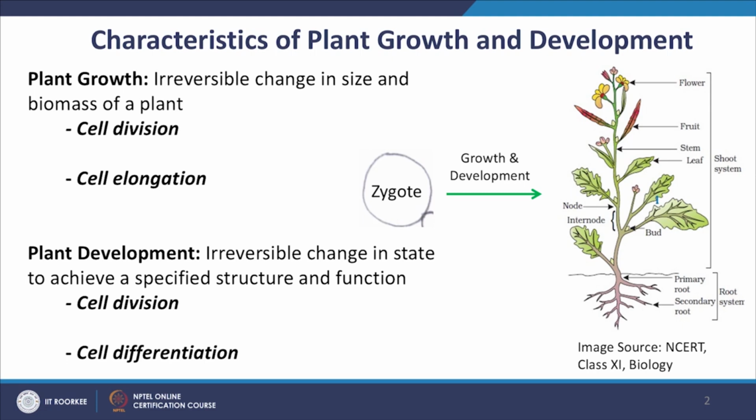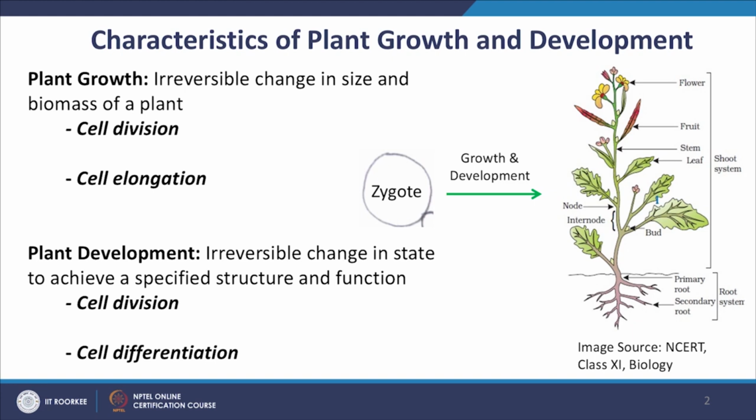So, the entire process from a single cell to a multicellular structure is called growth and development, and it is very important that in plants both growth and development are highly coordinated. It is because the development is mostly post-embryonic. It starts after germination, as you will see in the later part.